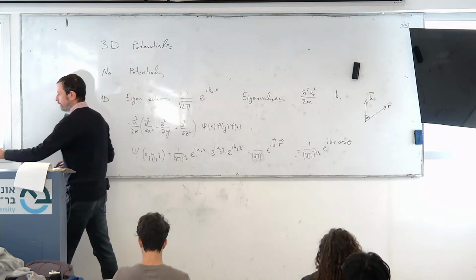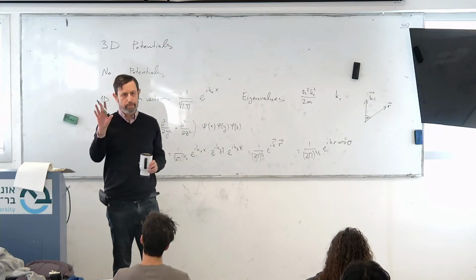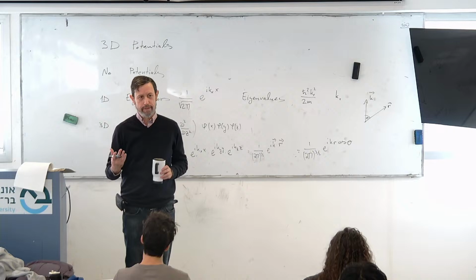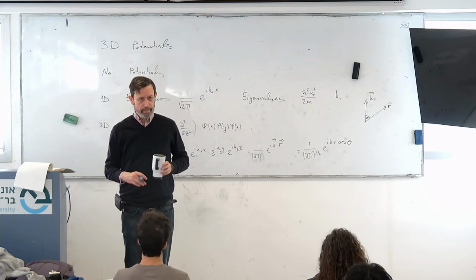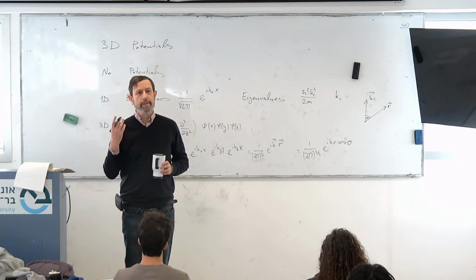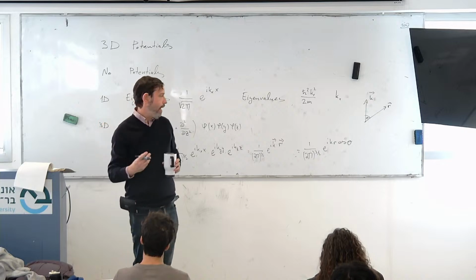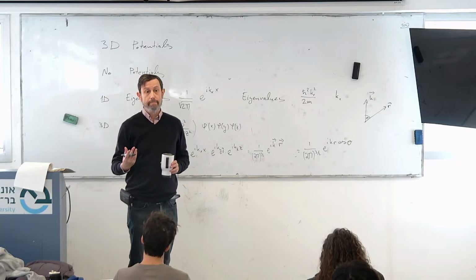Okay, can someone tell me where a plane wave description is better and when the spherical description is better? When you have a potential that depends on R. Right, one thing is if I have a symmetric potential which depends only on R, not on theta and phi, and if I'm describing a scattering problem.